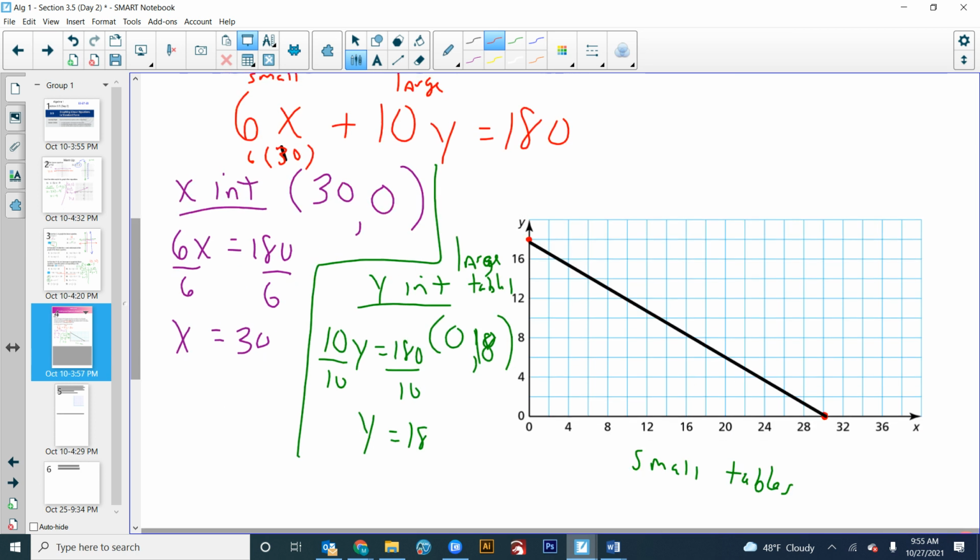Somebody else besides that. What do you think, Doreen? 18 large tables for 180 people. If I just use the large tables, I could fit 180 people on 18 tables, or around 18 tables, however you want to say it. Okay? Guys, think about it. What's 10 times 18? 180.